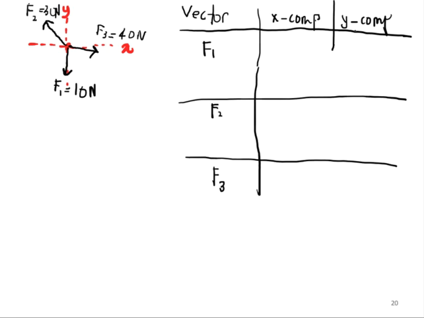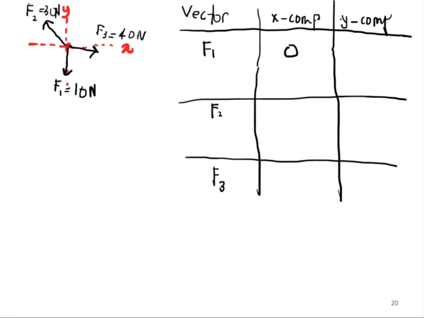So how to resolve F1? Look at F1. The direction of F1 is downward. Since the direction is downward, F1 has no value in the x component, so it will be 0.